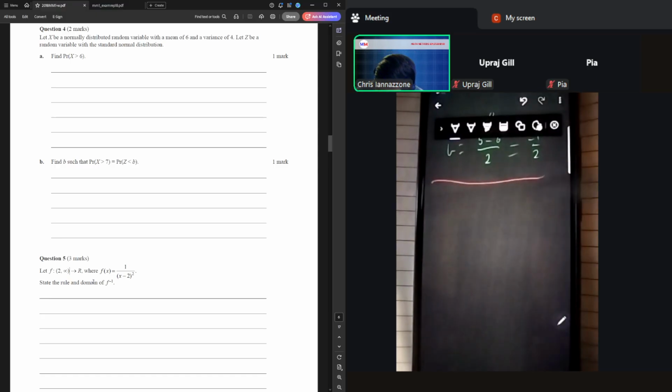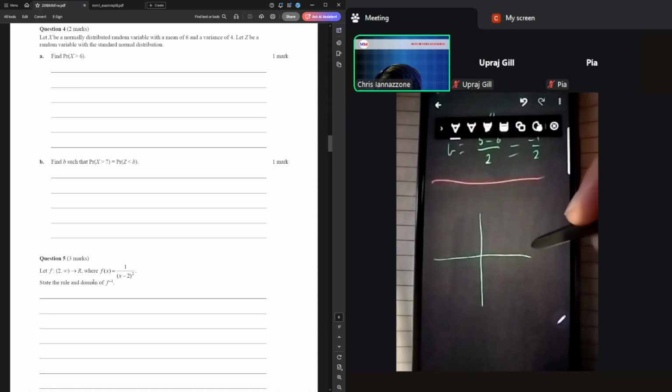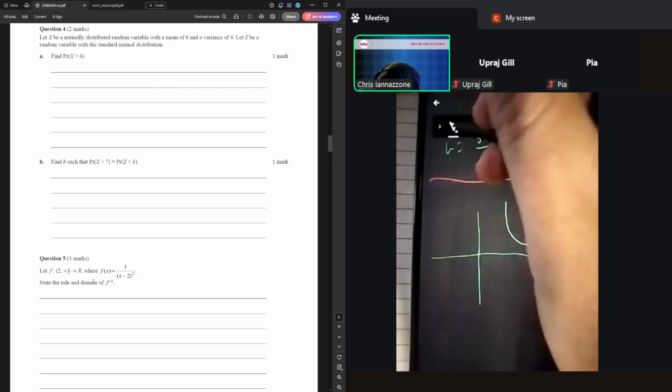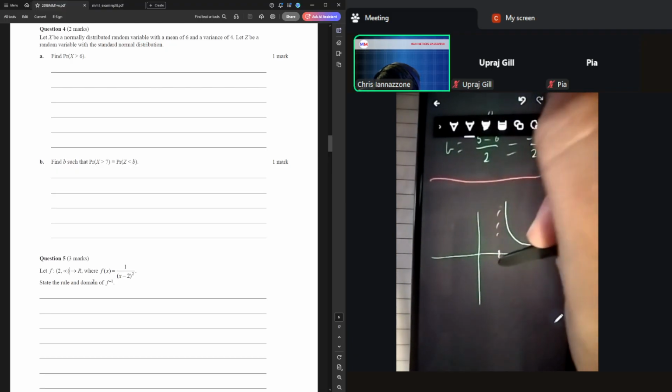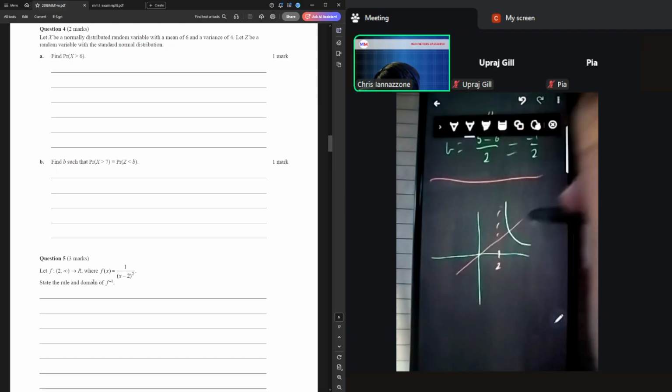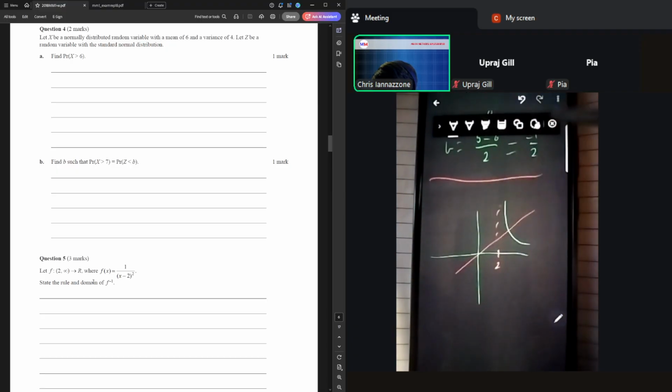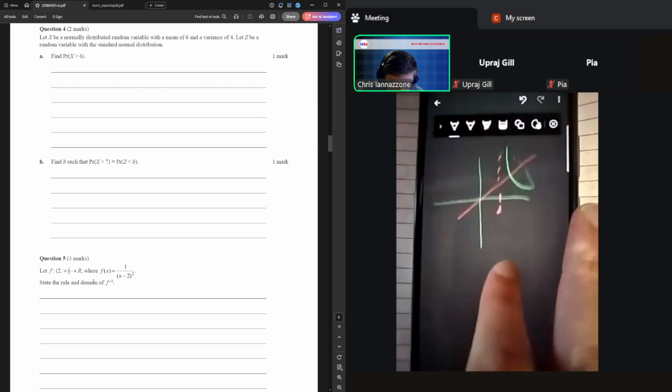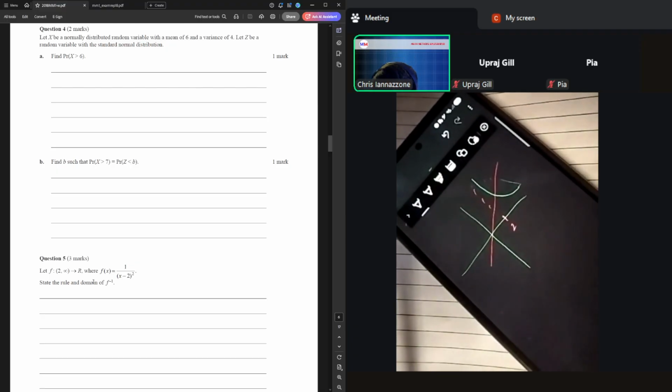Because if we have a truncus at 2, you have your asymptote here-ish, you got your y equals x, and so the equivalent root flips over.